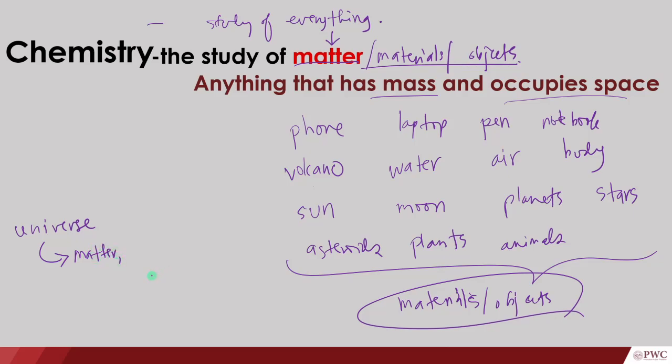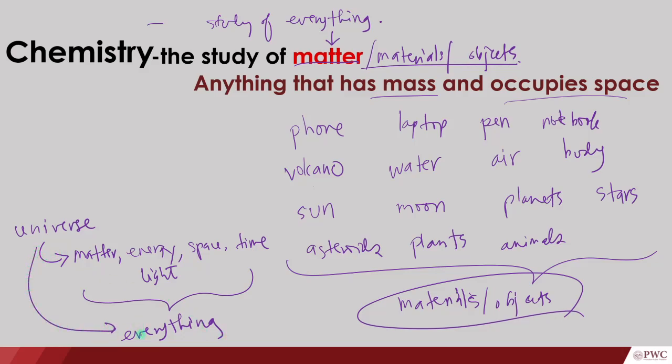But aside from matter, the universe is also made up of energy. An example of energy is light. So light is not made up of matter, it's actually a form of energy. Aside from energy, we have space and also we have time. So again, this is everything. This is the universe. So the universe is simply everything that exists.